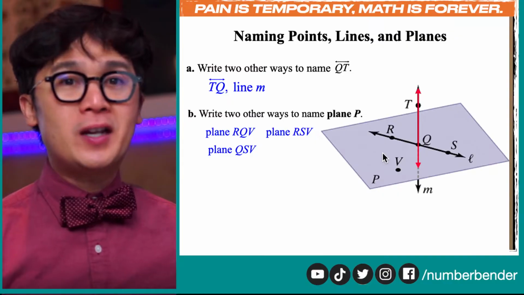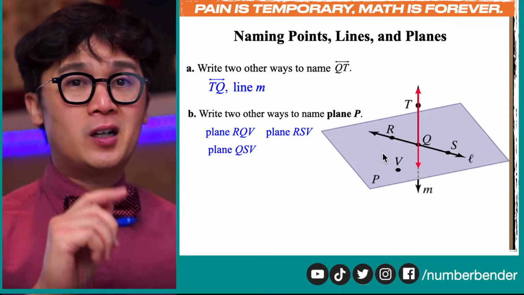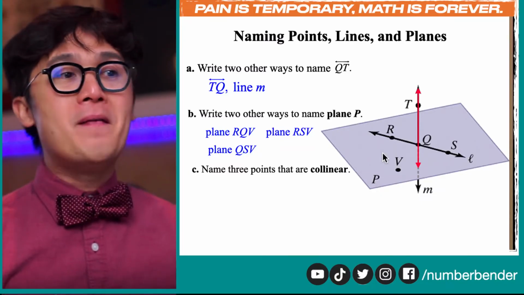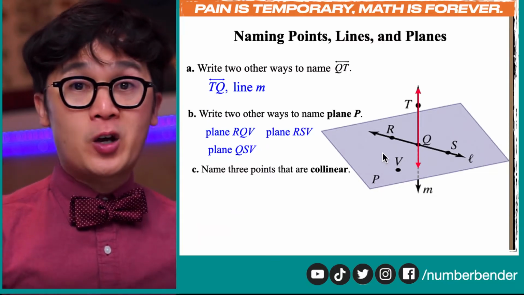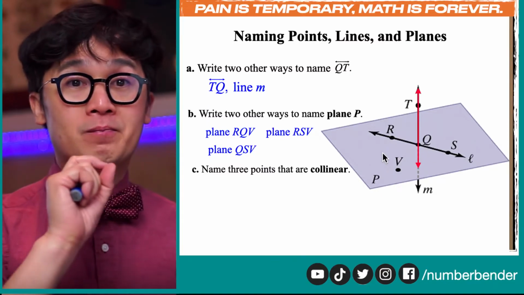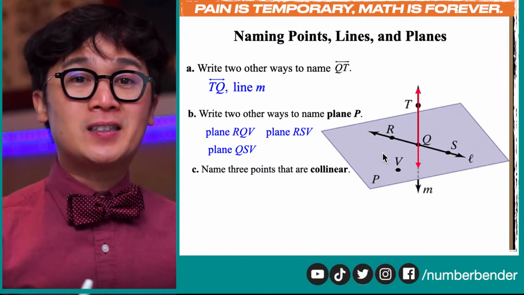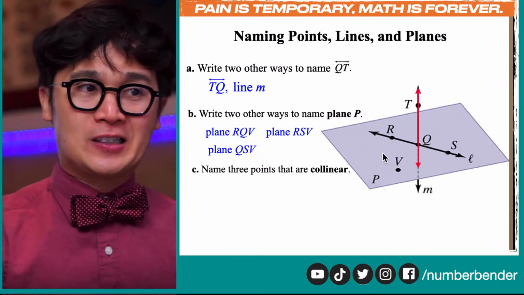So in geometry, we need to make sure that we follow the instructions similar to how we write symbols like what we're doing here right now. And if we're going to be naming 3 points that are collinear, from the words co and line, co means together, and linear, it needs to be on a line.